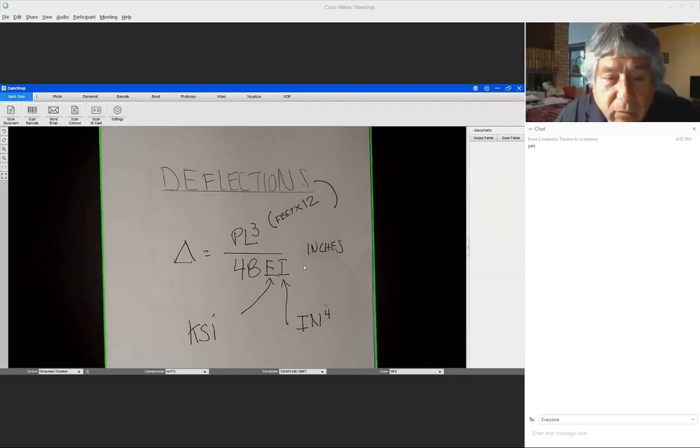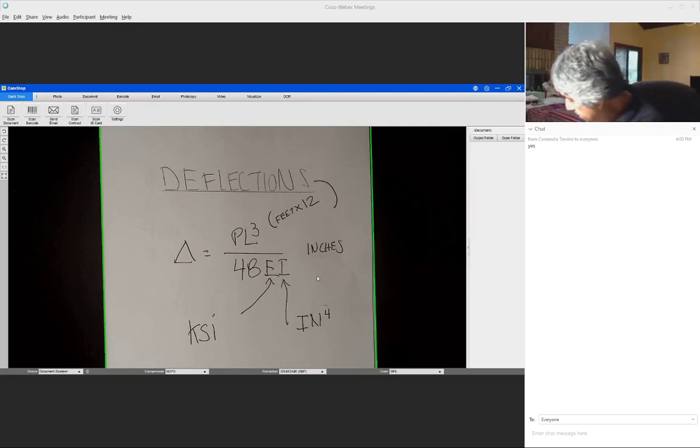And the EI is also known as the flexural stiffness. So whatever we do, it has to be in inches. The answer is going to be in inches because the modulus of elasticity is in KSI, moment of inertia in inches to the fourth, and L is in feet multiplied times 12. So always it's going to be in inches.